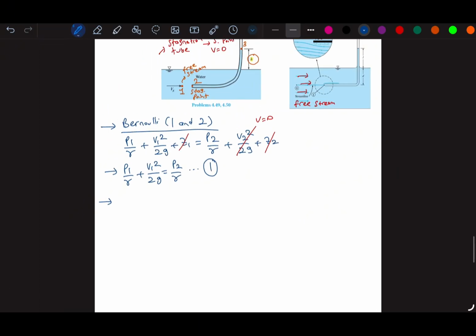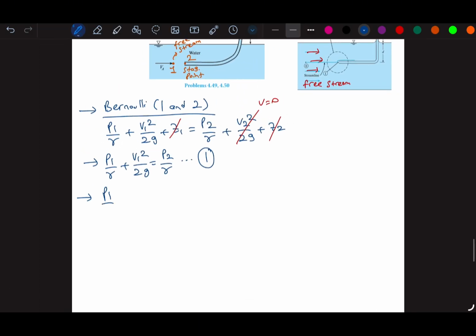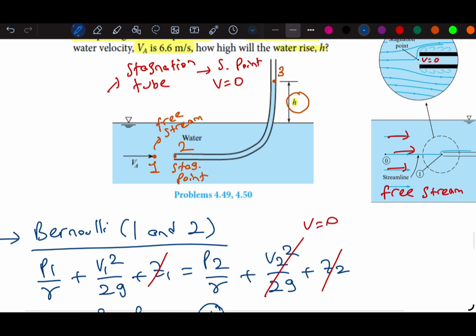Here we can actually find a value for P1 over gamma. So let's focus on point 1. Above it, up to the surface, we have a depth, and let's say we have this depth as d. So the pressure at this point will be just specific weight times d.